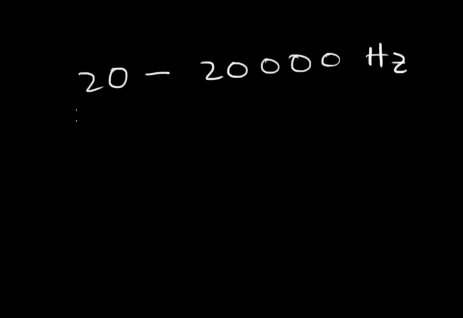That is, if the frequency of a sound is more than 20,000 hertz, then we cannot hear it, or anything lower than 20 hertz is beyond our ability to hear.